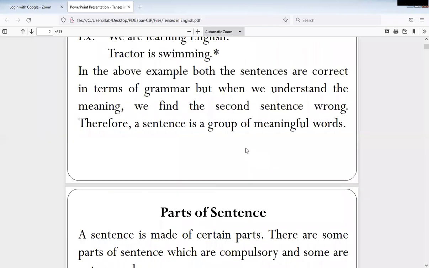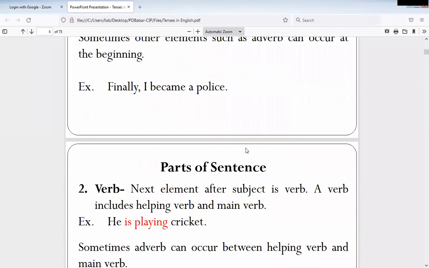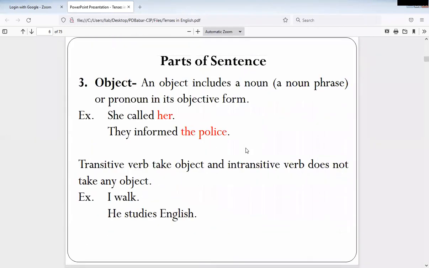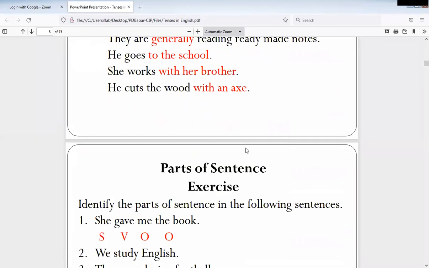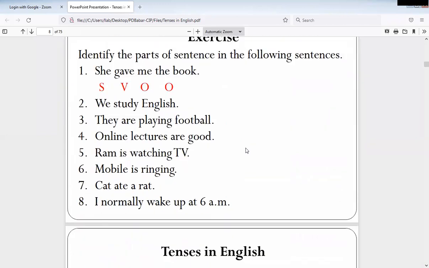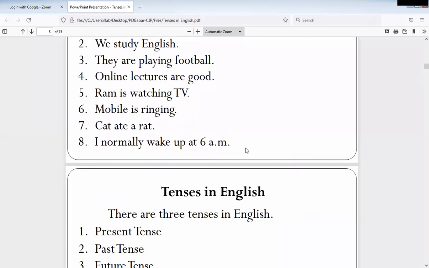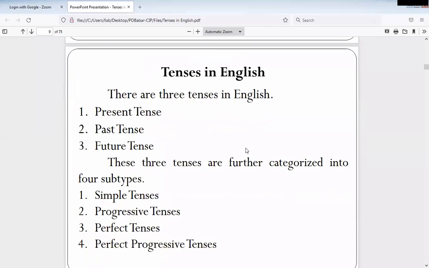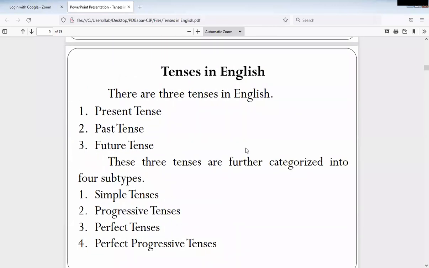We were discussing simple past tense. Before that, we have seen what a sentence is, what the parts of a sentence are, and how many tenses there are in English.